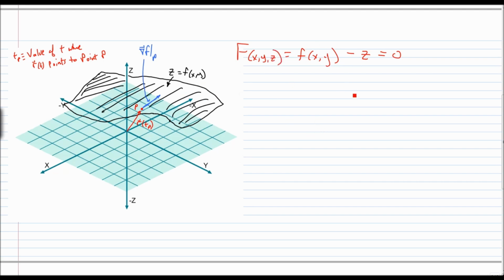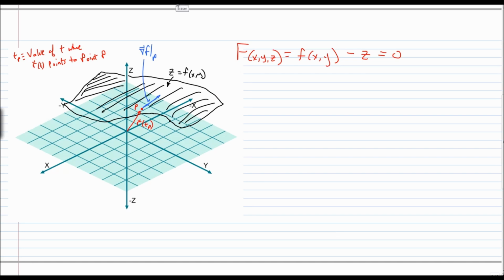What you're saying when you write it like this is that you have this higher dimensional function, some 4-dimensional function, and this surface that I drew here is a level surface. A level surface, not a level curve, of this function when this function equals 0.